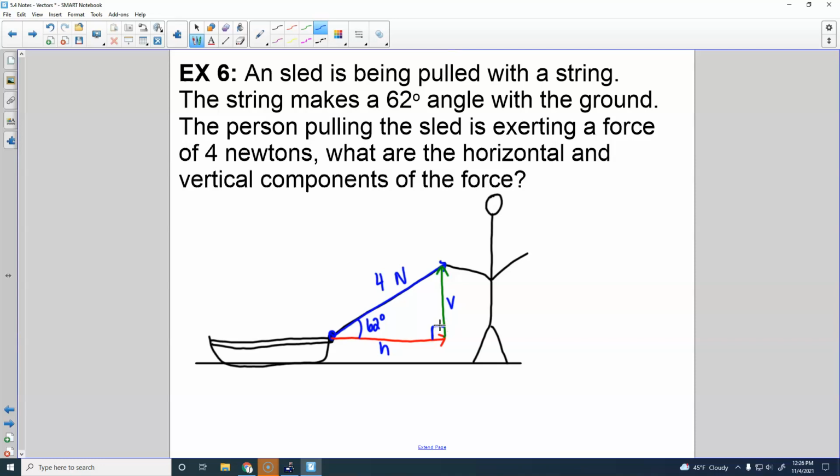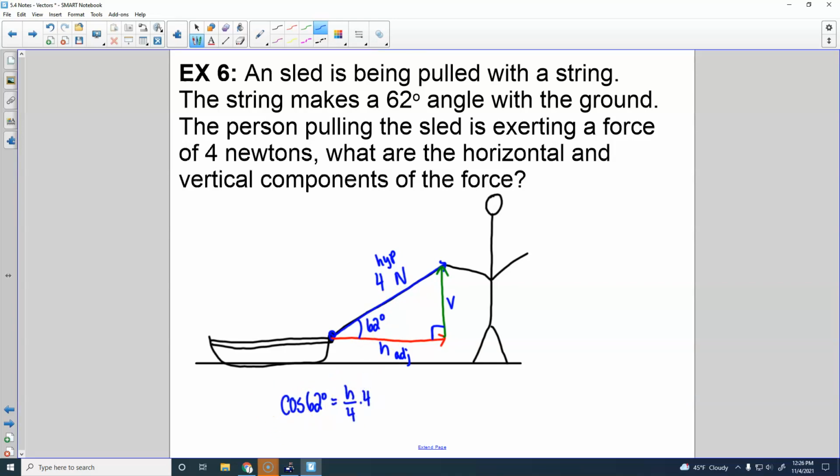So this is similar to the last problem we just did, although it's a different application of that problem, right? So if we want to find, let's go for H first. H would be my adjacent side, 4 is my hypotenuse. So I would say cosine of 62 degrees is going to equal H over 4.